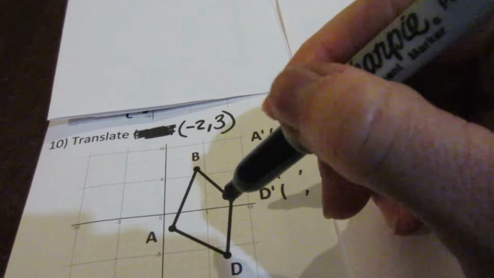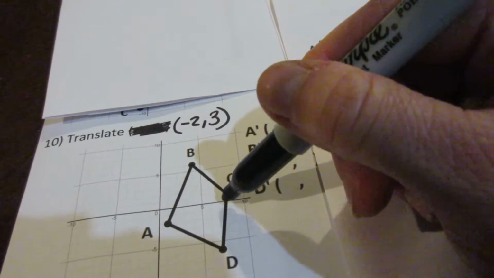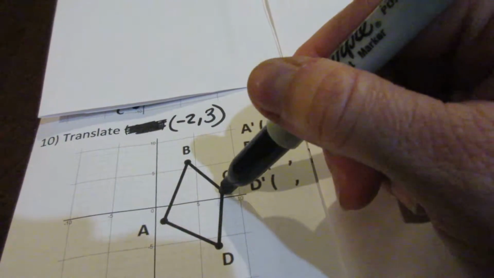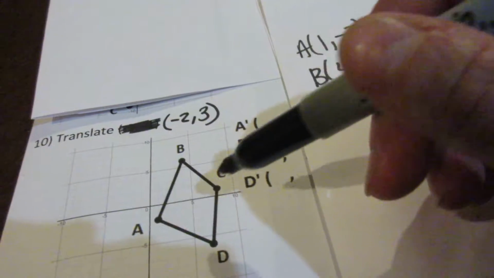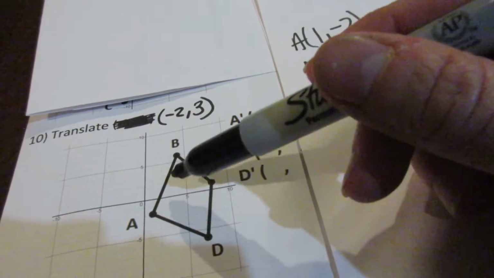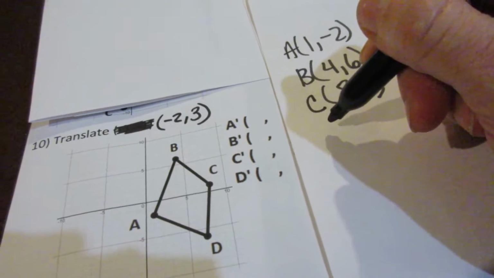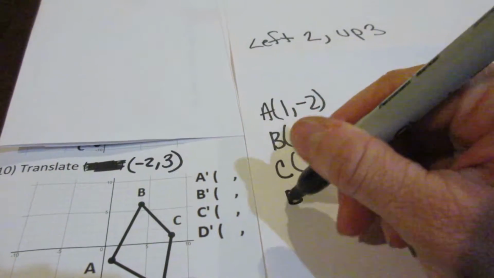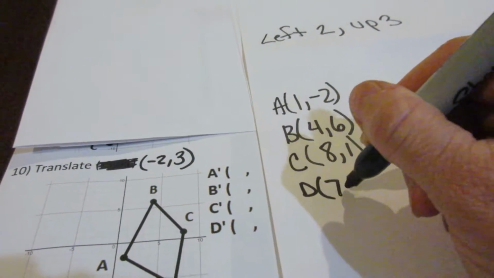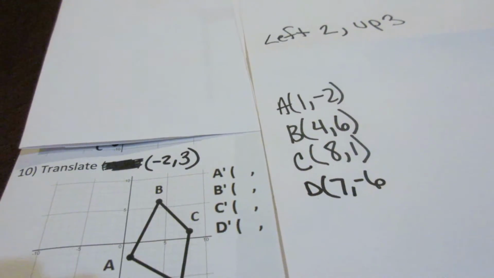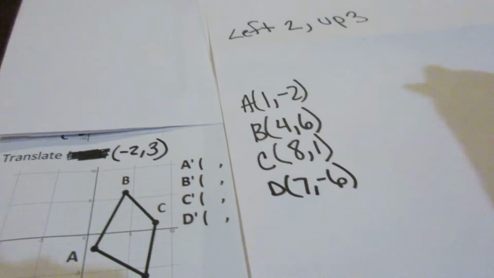Point C is going to be right 8, so it's +8, and up 1, so it's going to be +1. And then finally D is right 7, so +7, and down 6, and that's going to be a -6. Alright, so there's our original points.